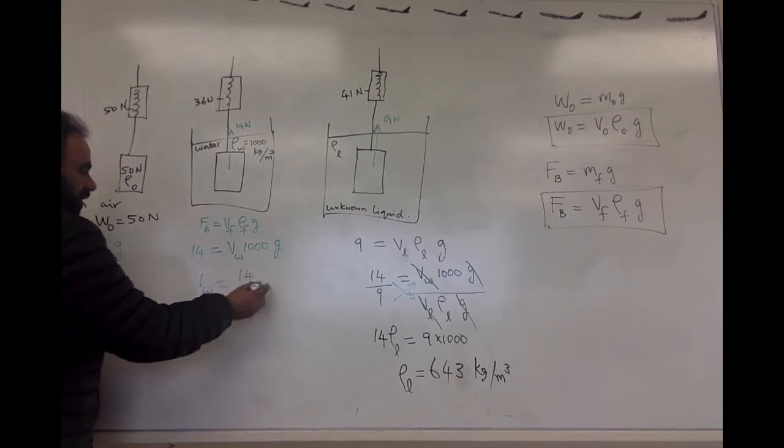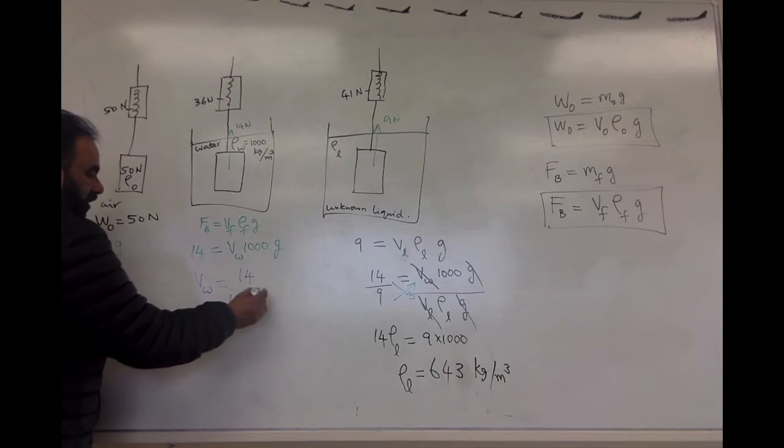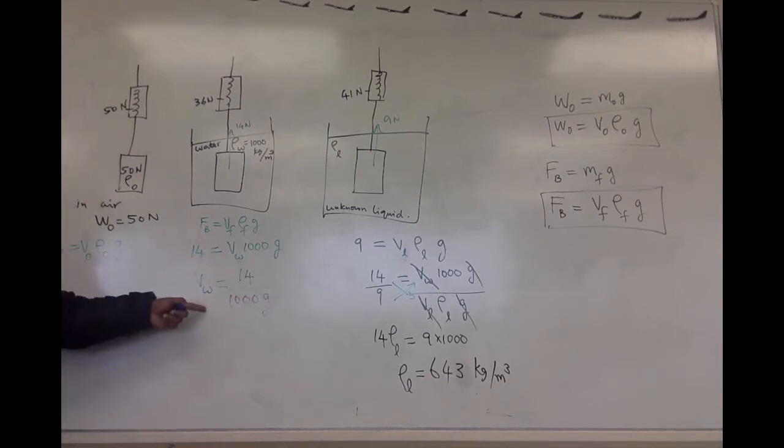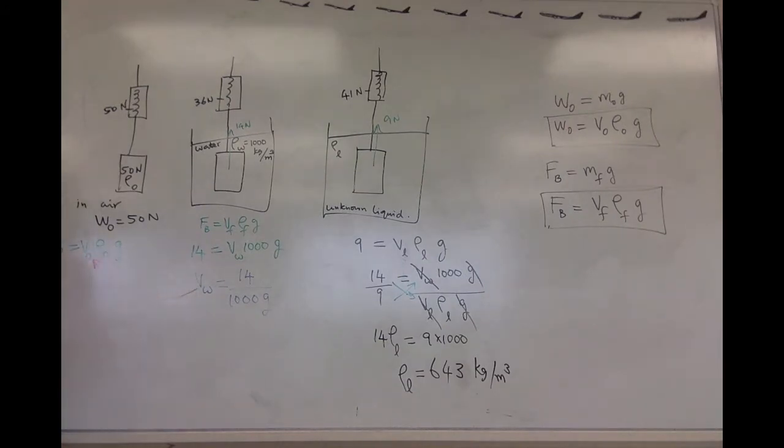It's 14 divided by 1,000 g. Since the volume of water displaced is the same as the volume of the object, I'm going to substitute that into this equation. So 50 equal to 14 over 1,000 g, times density of the object times gravity. And the gravity cancels.